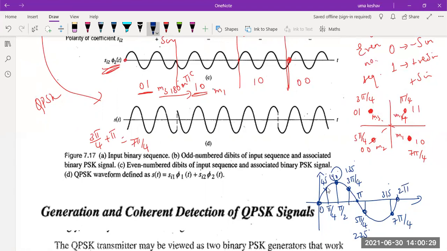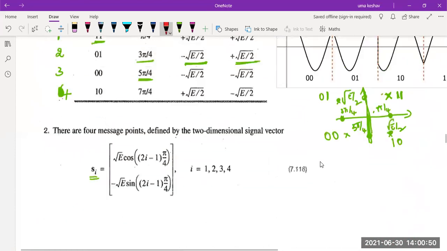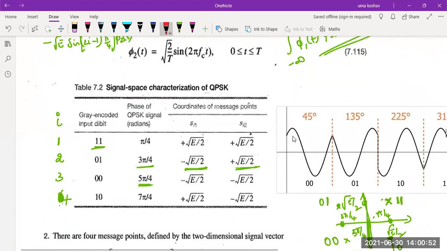Please note these points, especially. 45 degrees is this. This is 3 pi by 4. This is pi by 4. This is 5 pi by 4 and this is 7 pi by 4. Make a note of these points and accordingly you will understand the signals. I think I had drawn that. See, how will a 45-degree phase shifted sine look?